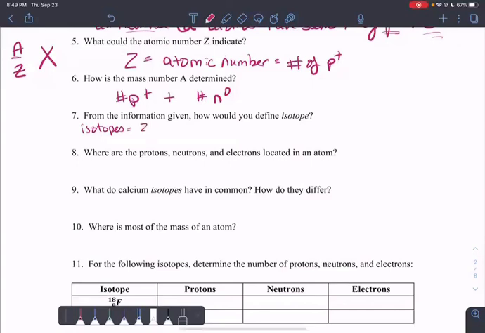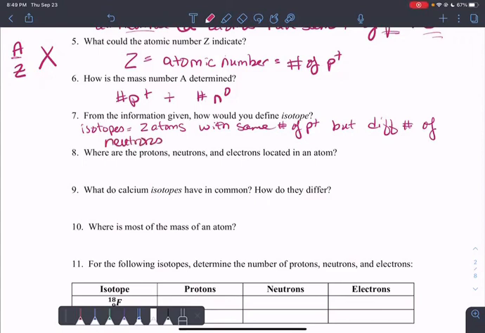They're two atoms, right, with the same number of protons. But what else? But different numbers of neutrons, right?